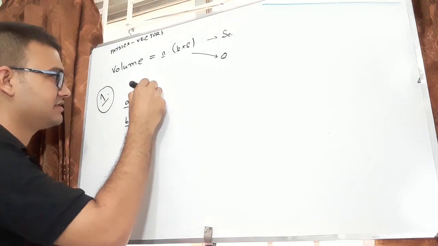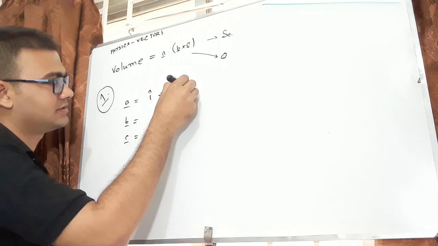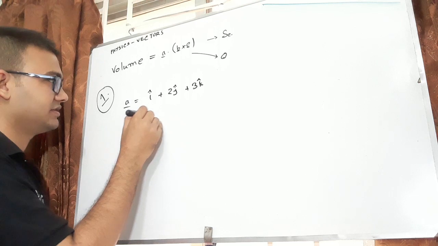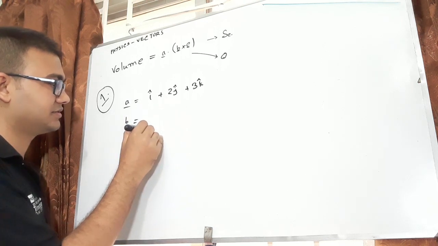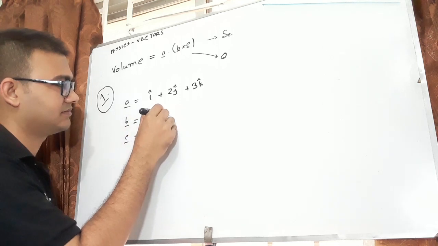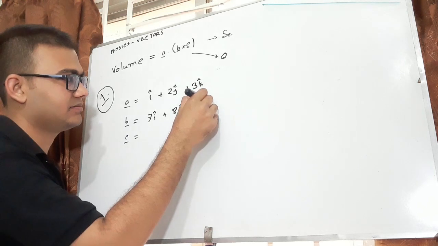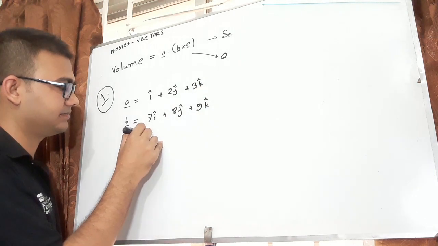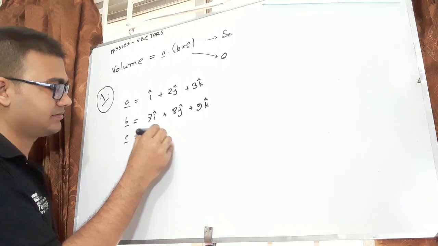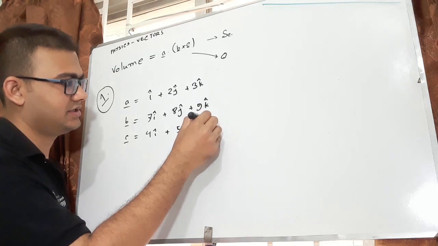Vector A is I cap plus 2 j cap plus 3 k cap, then 7 I cap plus 8 j cap plus 9 k cap, and then 4 I cap plus 5 j cap plus 9 k cap.